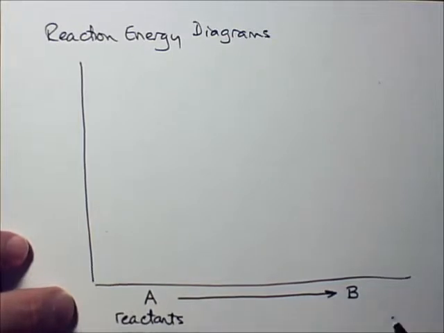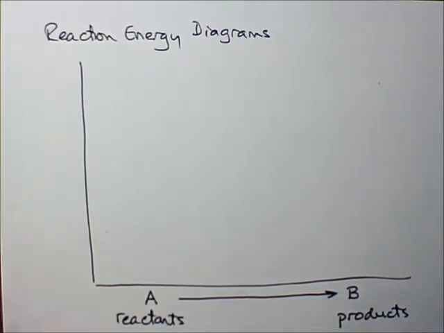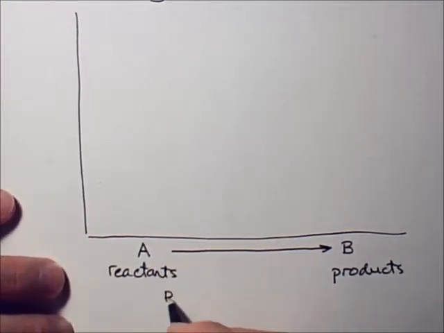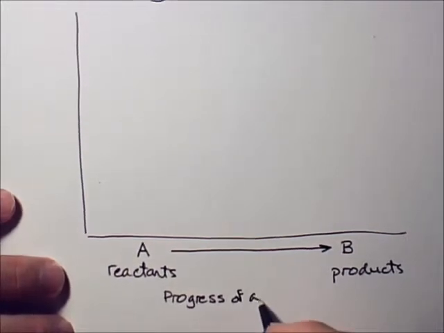B stands for all the products. Overall, what we have on our x-axis is the progress of a chemical reaction.